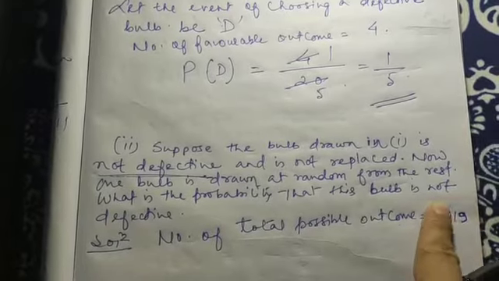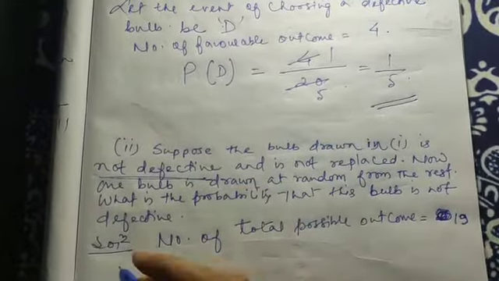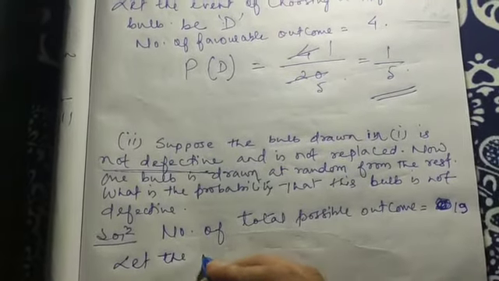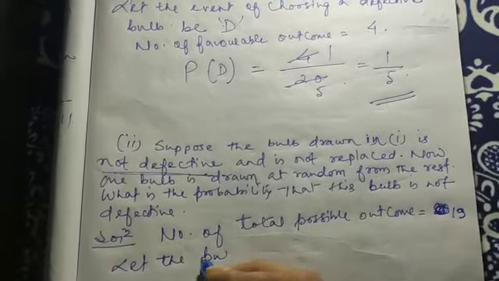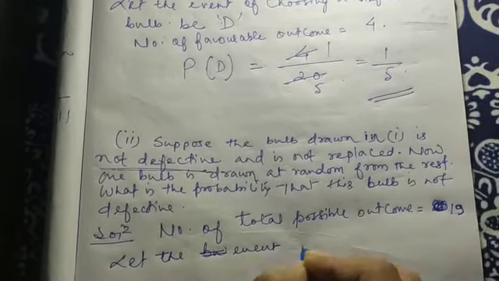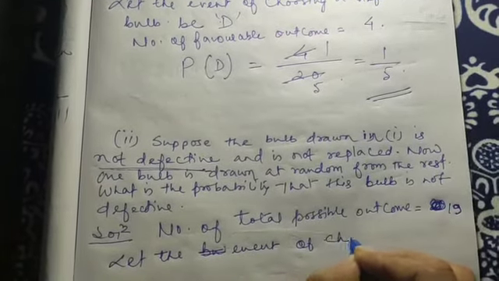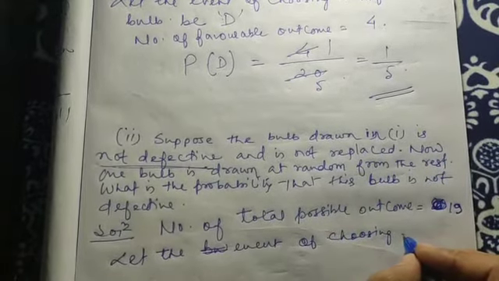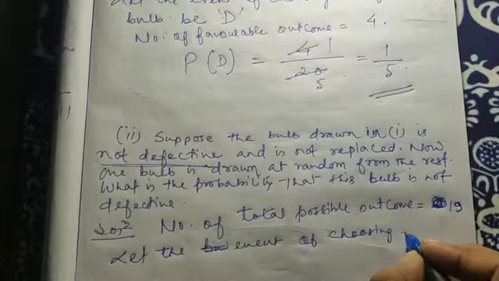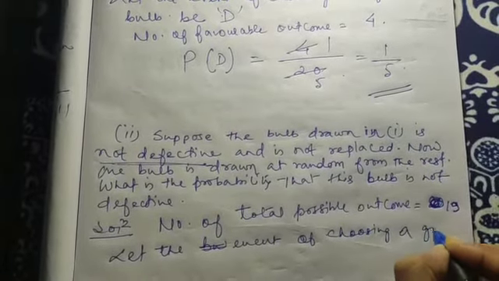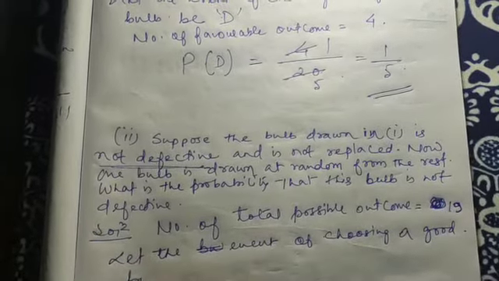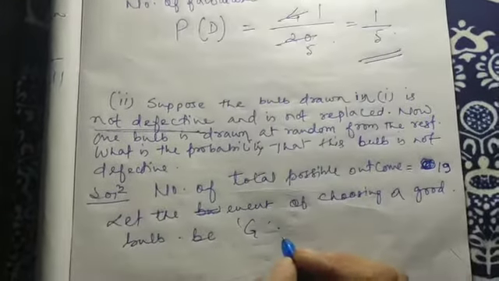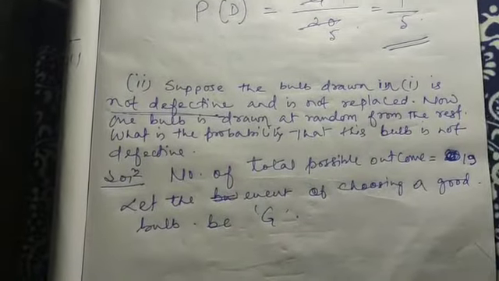Now let the event of choosing a not defective, that means a good bulb, be G.